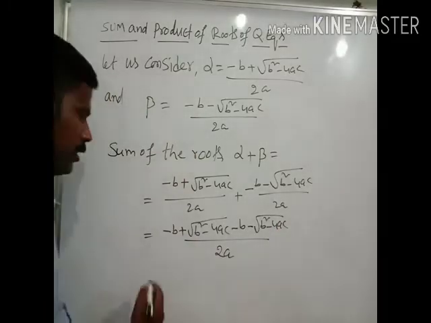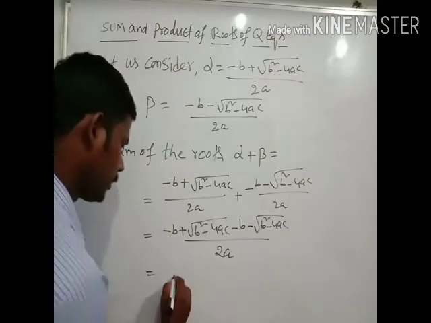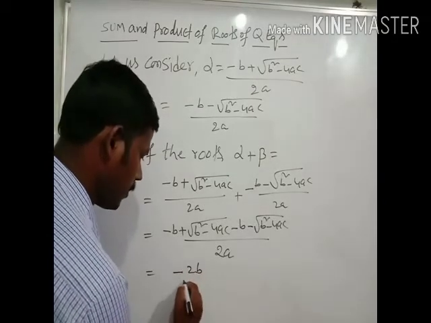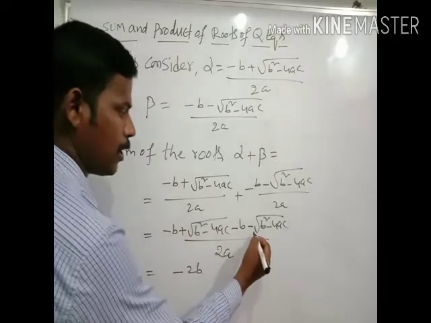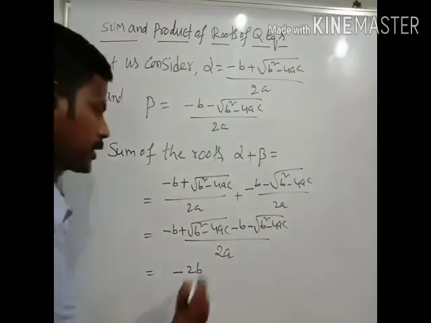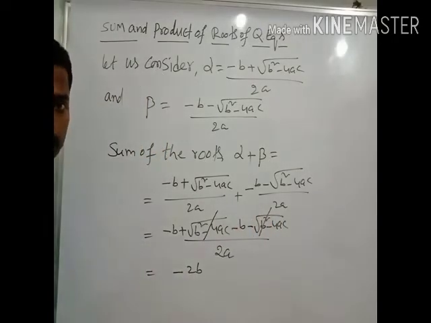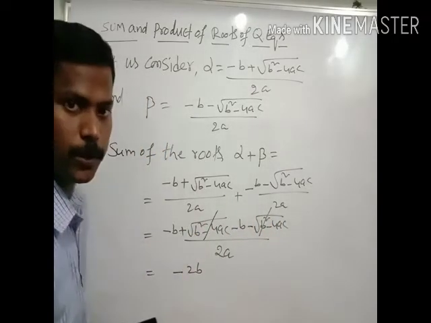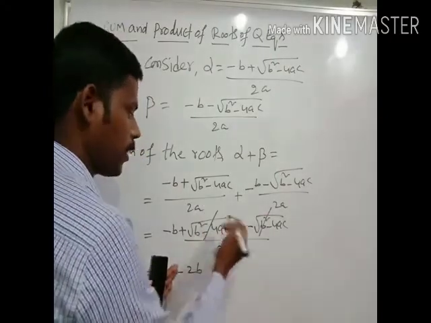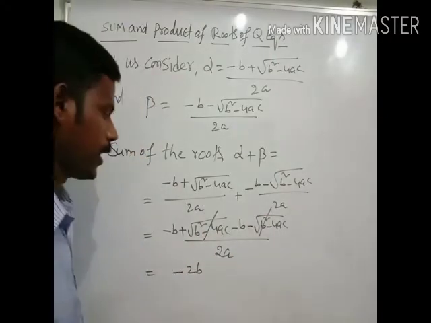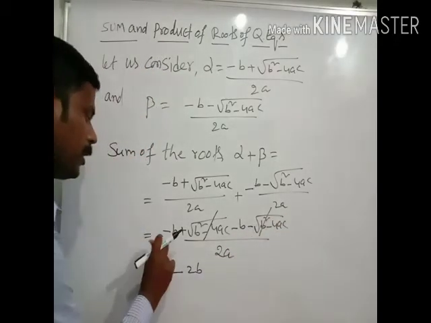Okay children, so now minus b, how much? Minus 2b. Plus square root of b square minus 4ac minus square root of b square minus 4ac, so that value will be 0. Simplified. 2 minus 2, 0. Similarly, square root of b square minus 4ac minus square root of b square minus 4ac, 0.